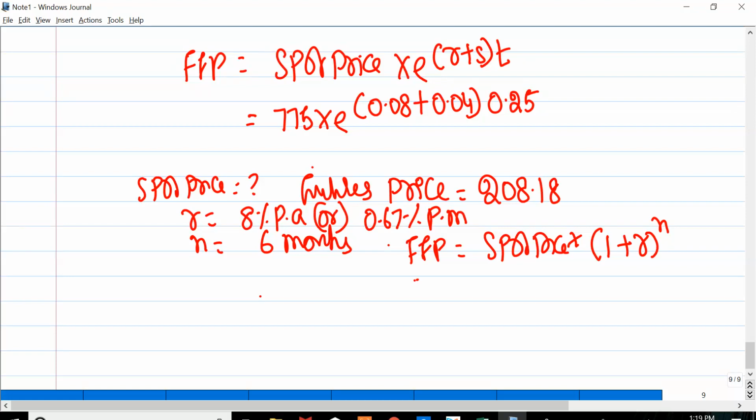Now listen, when I was doing continuous compounding, I said R can be for any period, T can be for any period, but both have to be for the same period of time. When you do monthly, half yearly or quarterly compounding, if it's monthly compounding, R has to be per month and N has to be in terms of months. If it's quarterly, R has to be per quarter and N has to be the number of quarters. That consistency you will have to ensure here. Now do this and tell me the answer.